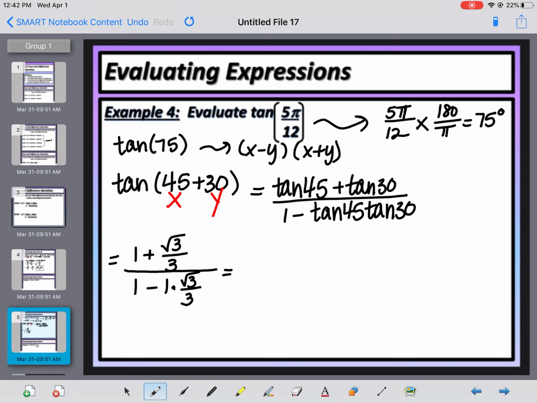I'm going to simplify a little bit here. I'm going to put these over 1 because I'm going to make a common denominator. We're going to do order of operations on the bottom here, so we would multiply these first and just get a root 3 over 3.